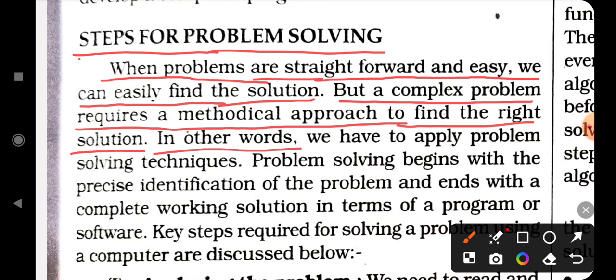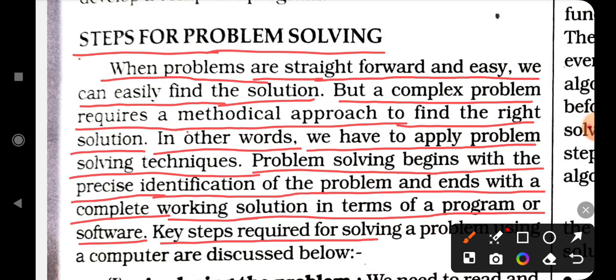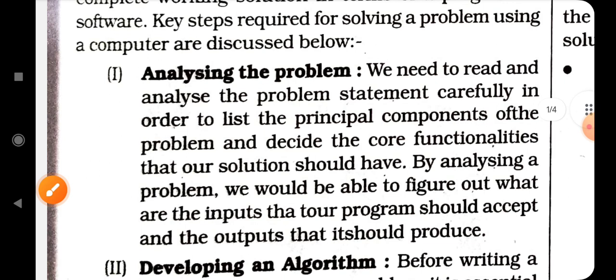In other words, we have to apply problem solving techniques. Problem solving begins with the precise identification of the problem and ends with a complete working solution in terms of a program or software. Key steps required for solving a problem using a computer are discussed below.